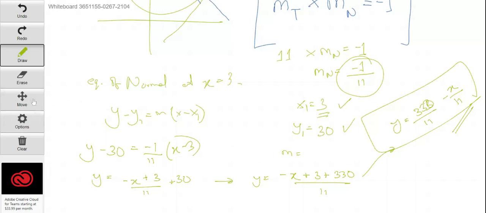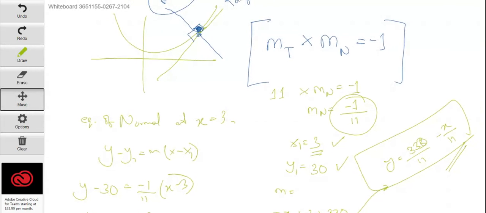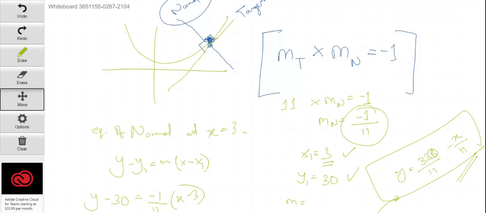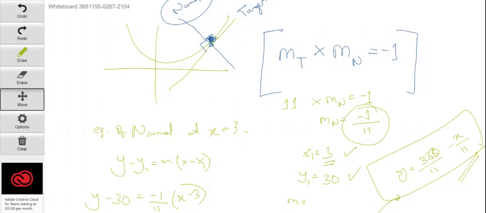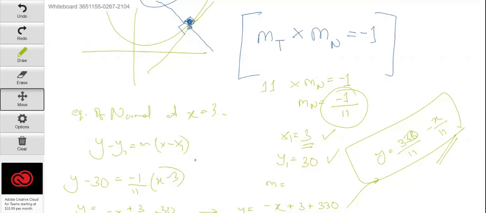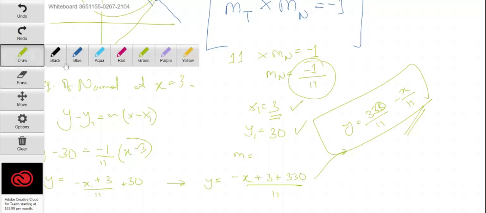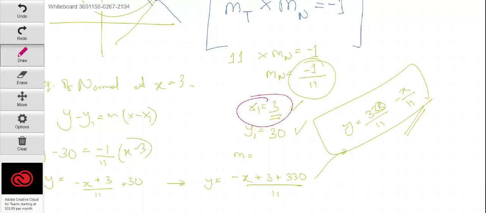But hopefully, the concept is clear to you. Whenever they give you the question and they ask you to find the equation of the normal, basically find out the x coordinate, look for the x coordinate in the question, find out the y coordinate by plugging into the main equation, and then find the gradient of the tangent first.